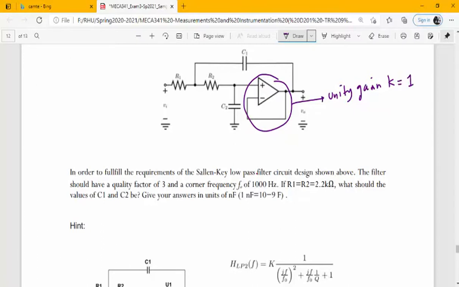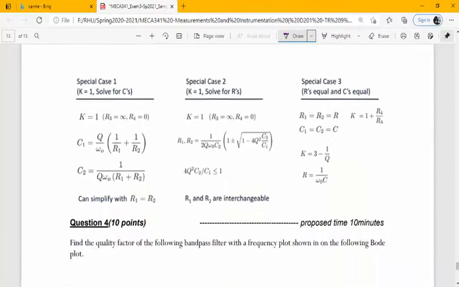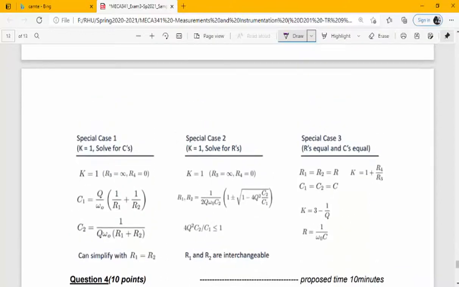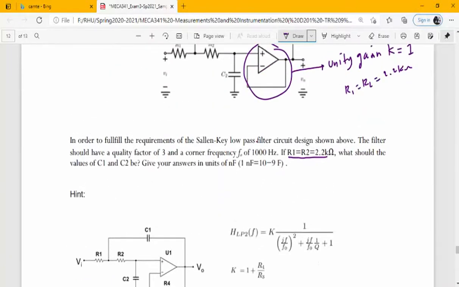And the second condition is that R1 and R2 are equal. So you need to know which case to use. We have K equal to 1, and we are given that R1 and R2 are equal, so we use directly special case 1, and K is equal to 1. And you have the quality factor Q equal to 3. So then it would be really easy.